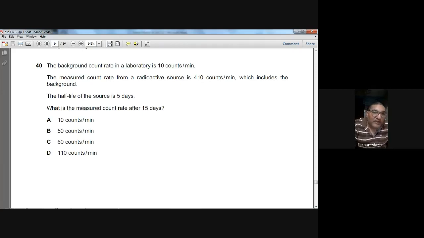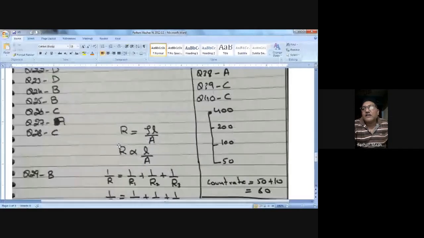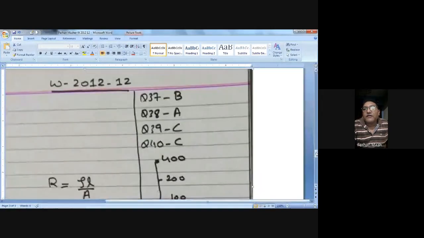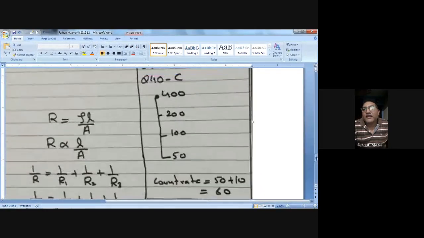Let me show you my working also. It may be helpful to you. Here you can see question number 40. First, 410 minus 10 takes out the background, so the pure count rate of the sample is 400. The half-life is 5 days, and the question asks for the count rate after 15 days.